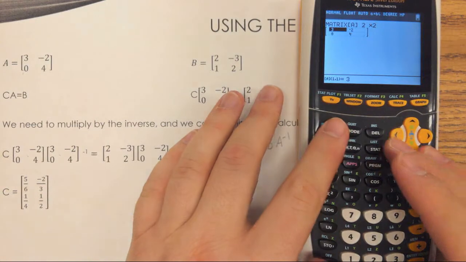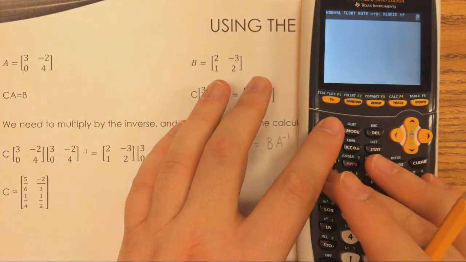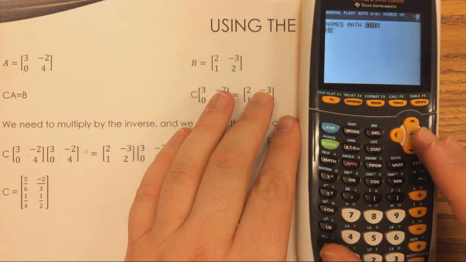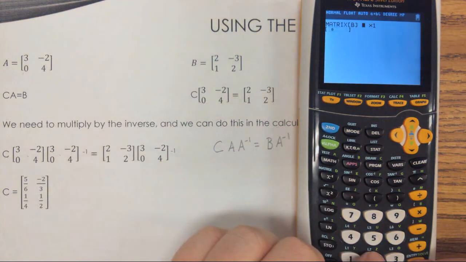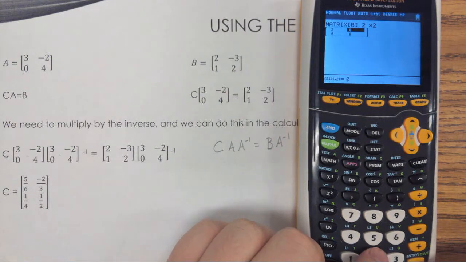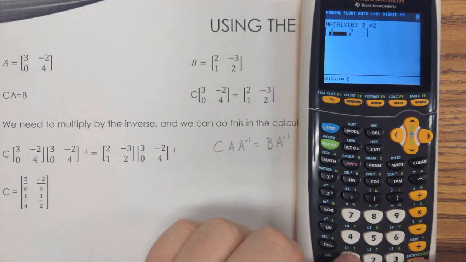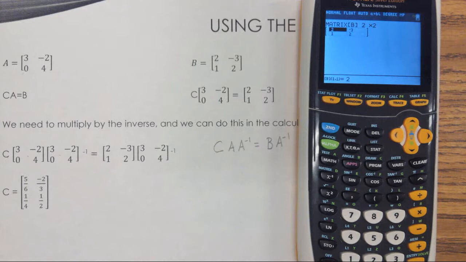Now we'll go back and go to edit again and go to B and get that one entered in. So it's a 2 by 2 matrix, 2, -3, 1, 2.